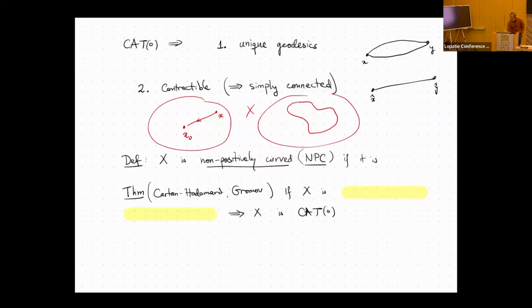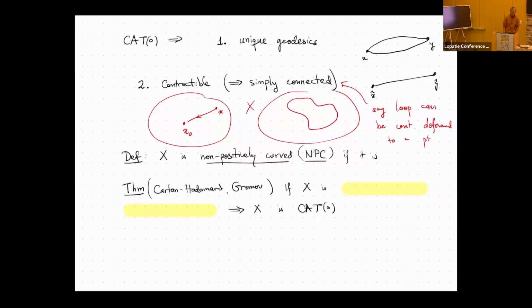Any loop can be continuously deformed to a point. Or, another way of phrasing the same thing, any map from a circle to your space can be extended continuously to a map from a disk to your space. Might use this if we get to the proofs later.